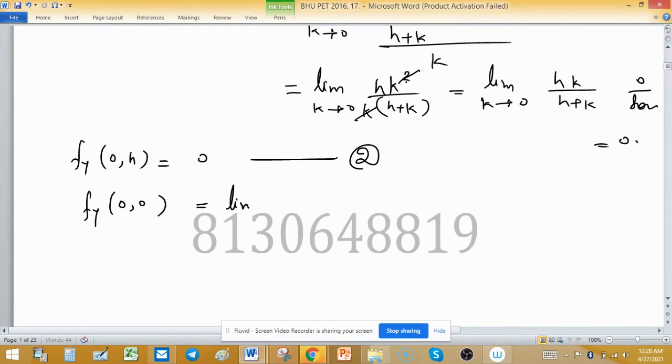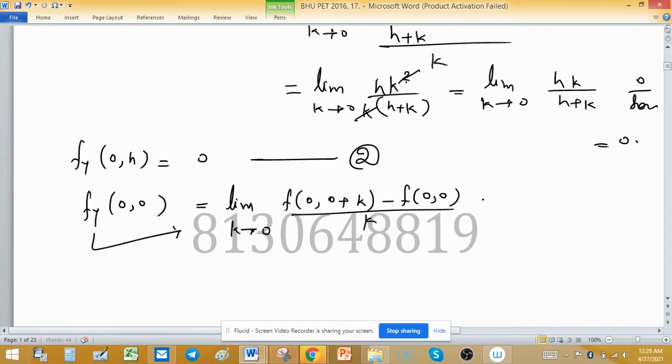It will be the limit, because we are finding partial derivative with respect to y, so again take k tends to 0, f of 0 comma 0 plus k minus f of 0, 0 divided by k, and this is limit k tends to 0, f of 0 comma k minus f of 0, 0 divided by k.